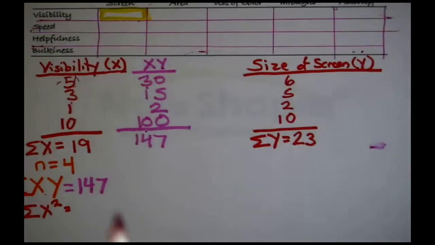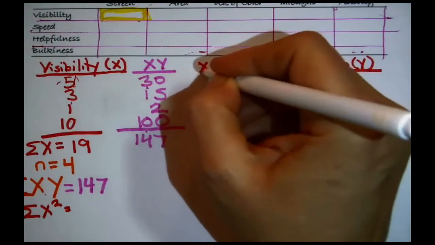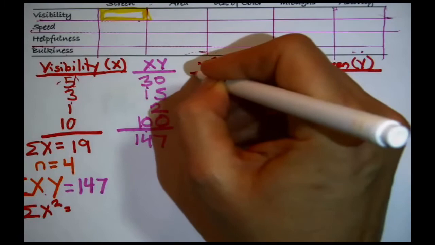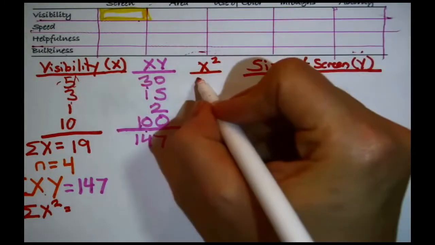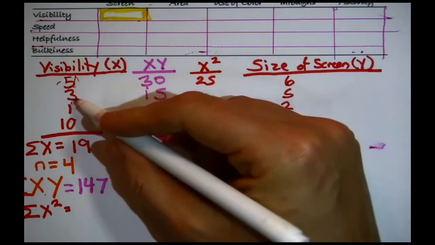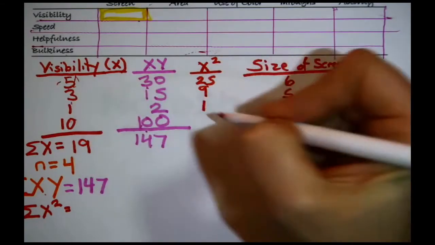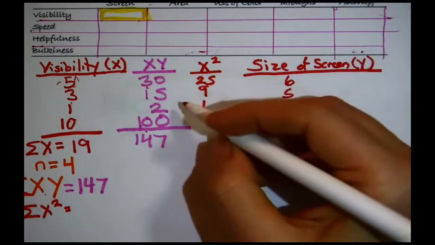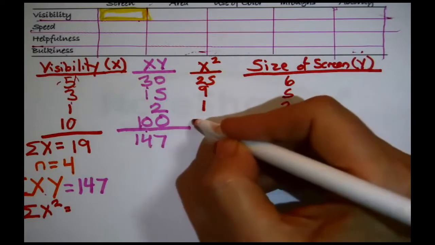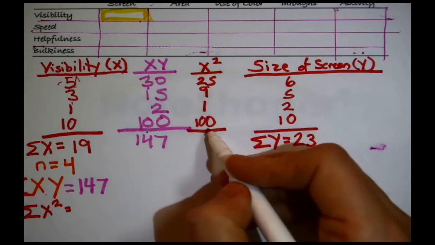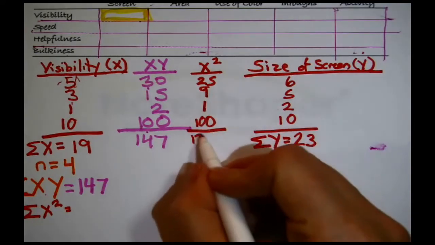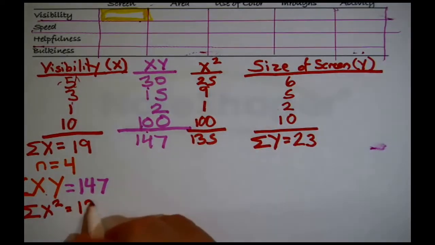So again, be handy just to first create a column in which you square the x's. Okay, so like 5 times 5 is 25. 3 times 3 is 9, 1 times 1 is 1, and 10 times 10 is 100. Add those all up through here. I did that. I got 135. That's that part right there.